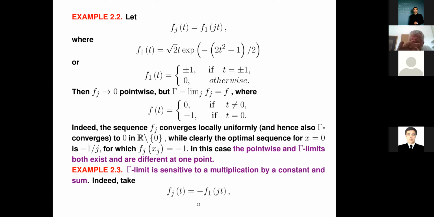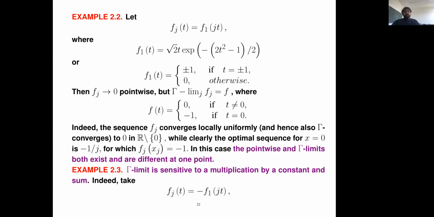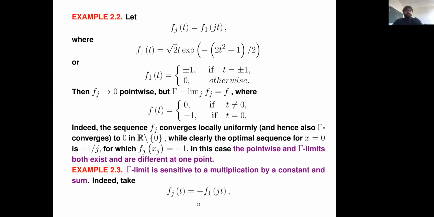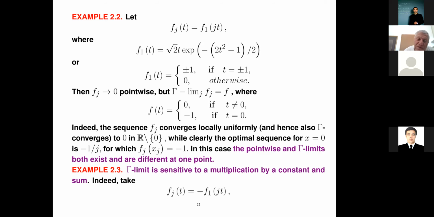Vice versa is also true: we have pointwise convergence, but no gamma convergence. Also, multiplication by -1 sometimes gives non-convergence. You have gamma convergence, but taking minus this sequence, the gamma convergence fails.